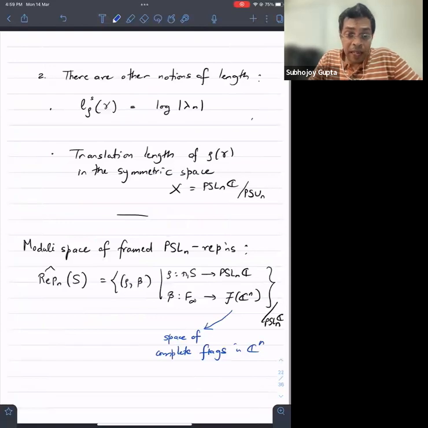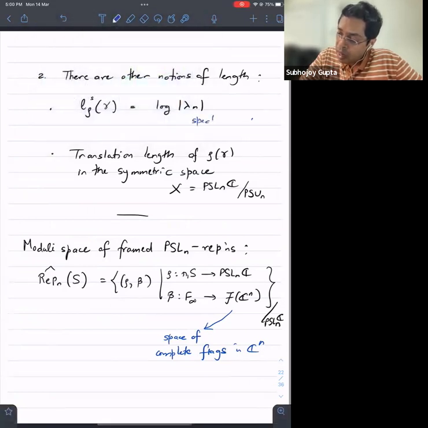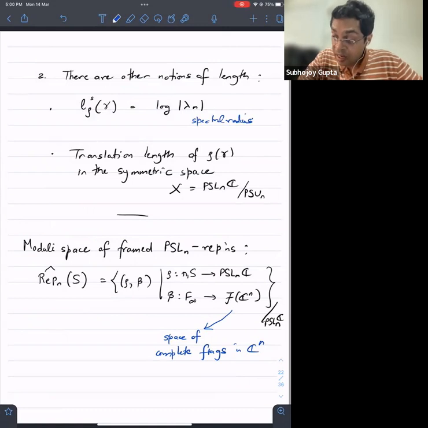And there are other notions of length. You can talk of the log of the spectral radius, which is the largest eigenvalue, and this also gives a notion of length of curves. And you can also talk of the translation length in the symmetric space for PSLNC, and that's a notion of length that uses all the eigenvalues.